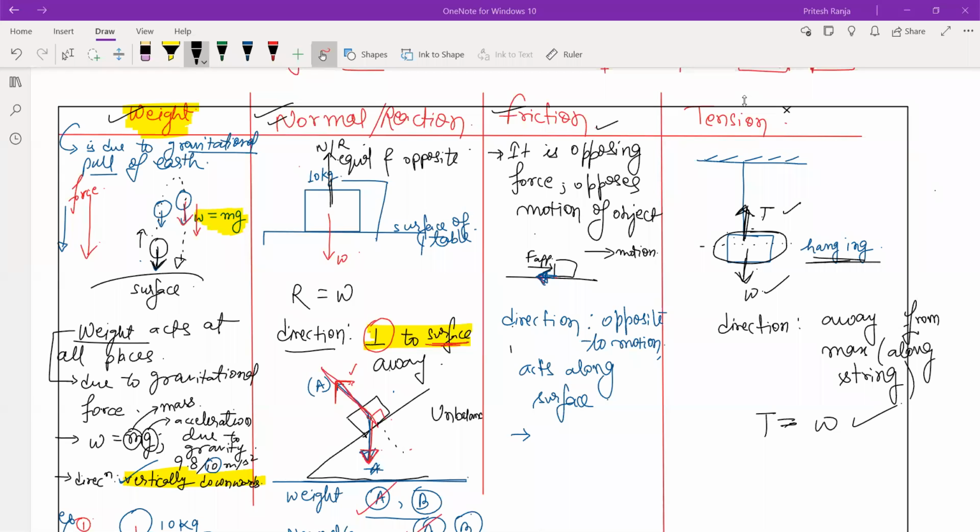If there are any doubts, let me know. Sir, can you explain tension again? Okay, we will explain it again.